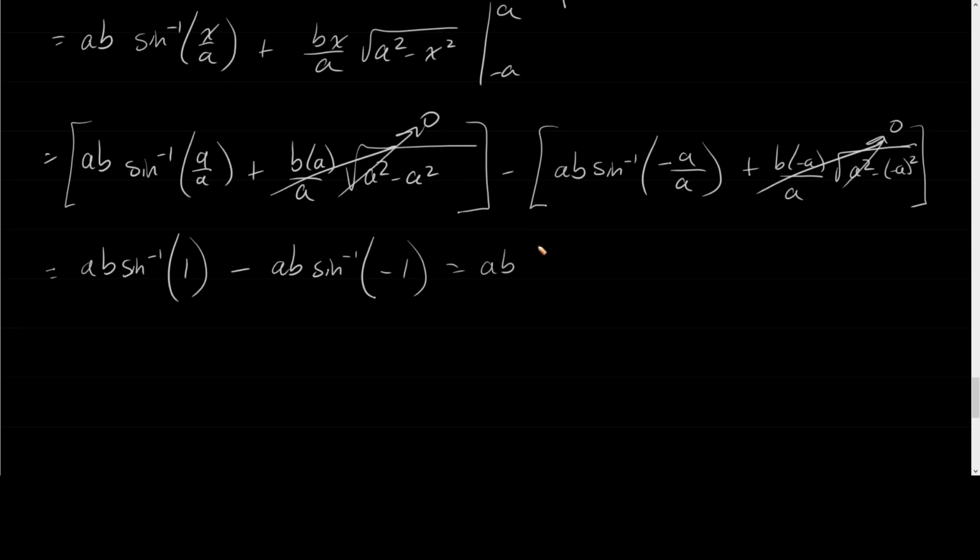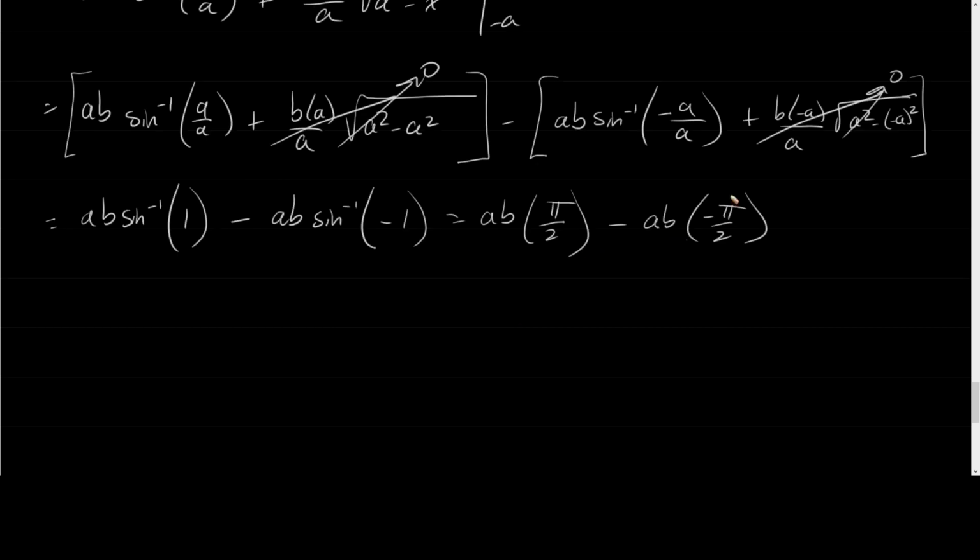So I have ab times pi over 2, right? Because that's the angle that makes sine be 1, right? Sine of pi over 2 would be 1. Similarly, sine inverse of negative 1, well, that would give me negative pi over 2, all right?